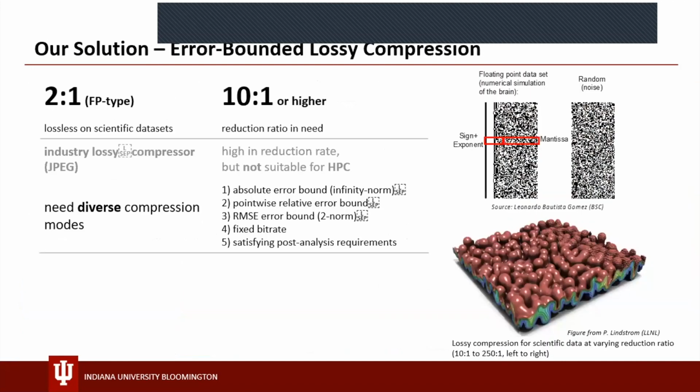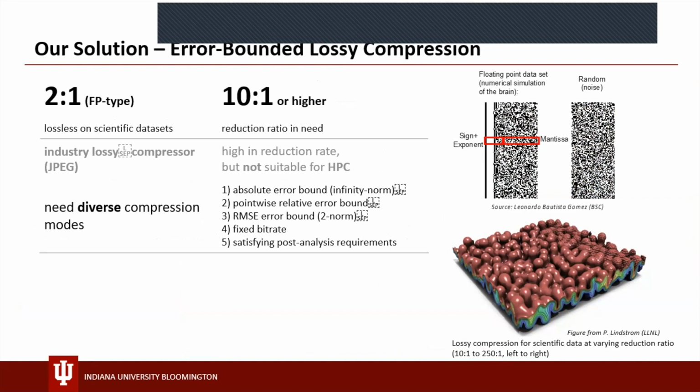Our solution to handle this big scientific data issue is to develop an efficient, effective lossy compression, compared to lossless compression. I'm also doing some research in lossless compression, but our argument is that lossy compression can provide a higher compression ratio.